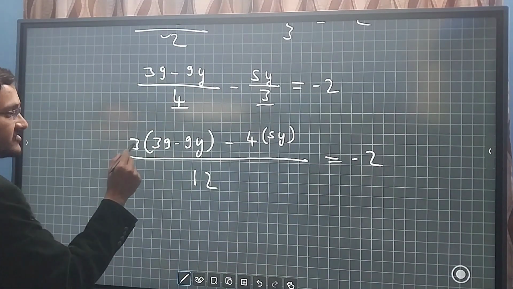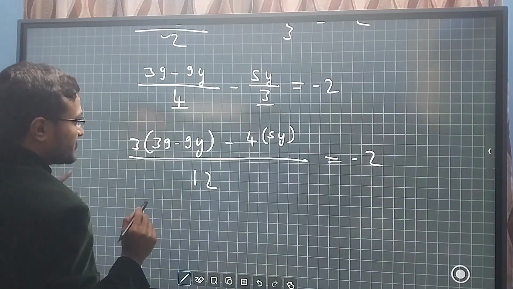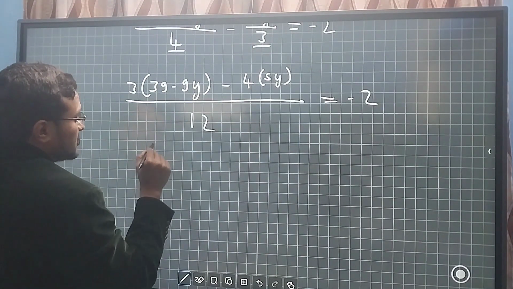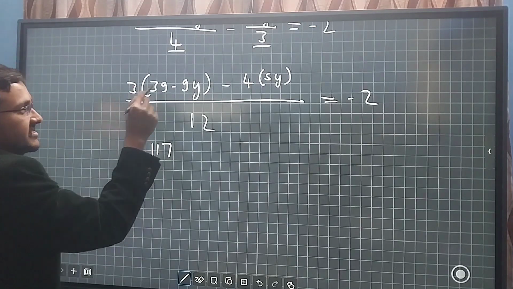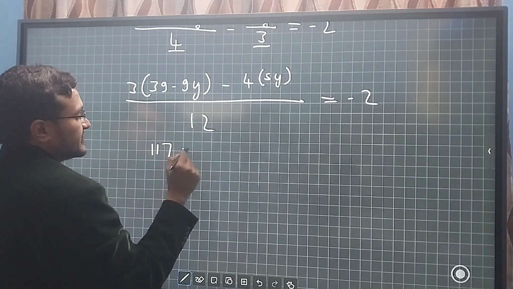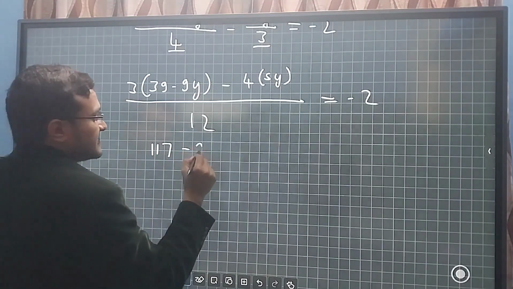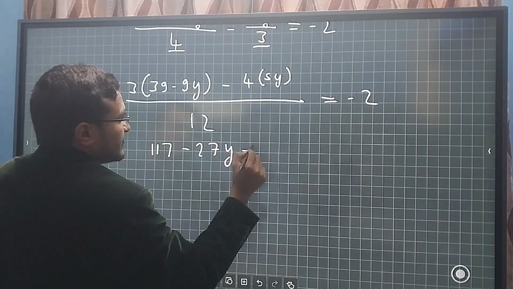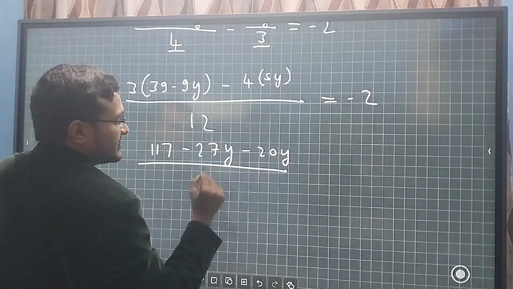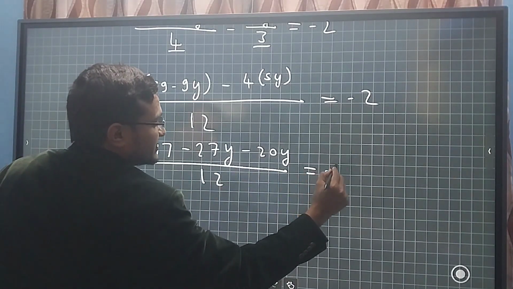So now 3 into 39 will give you 117. So here 9 3s are 27, 2 carry, 3 3s are 9, 9 plus 2 is 11. So 117 minus 9 3s are 27y minus 4 5s are 20y, whole divided by 12 is equal to minus 2.